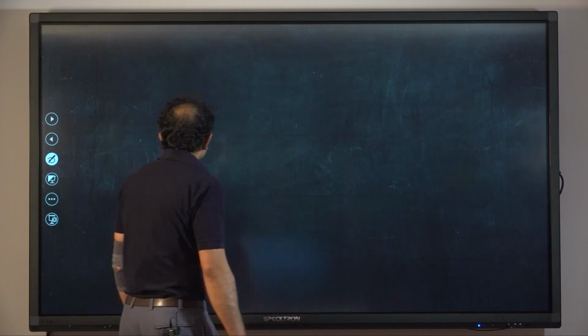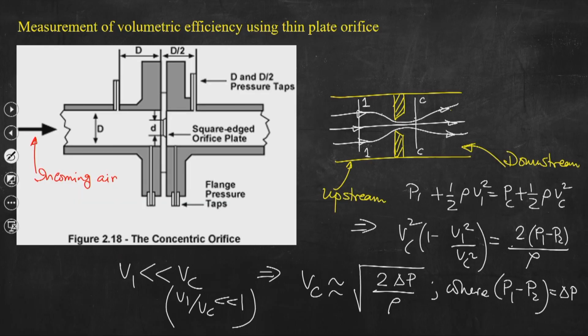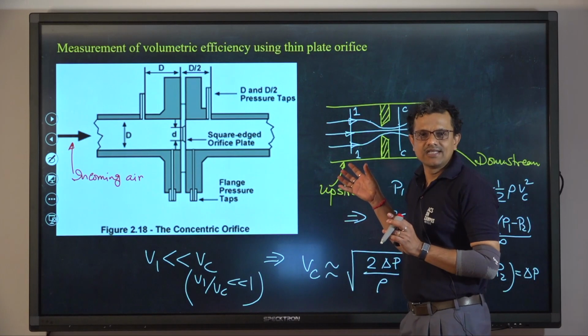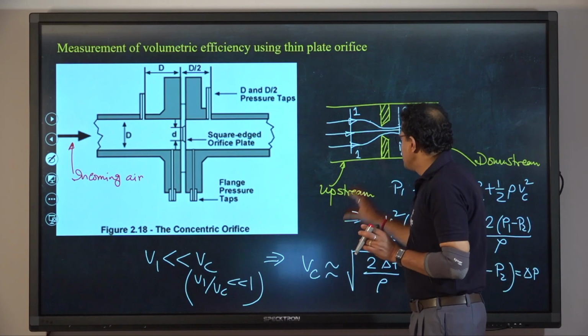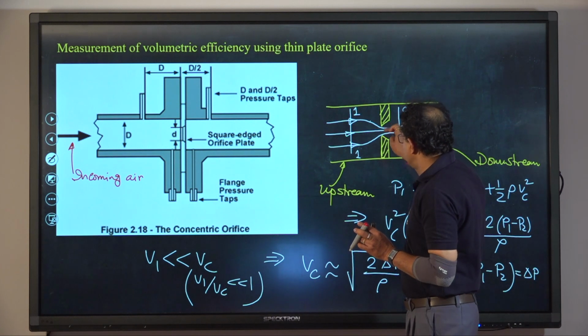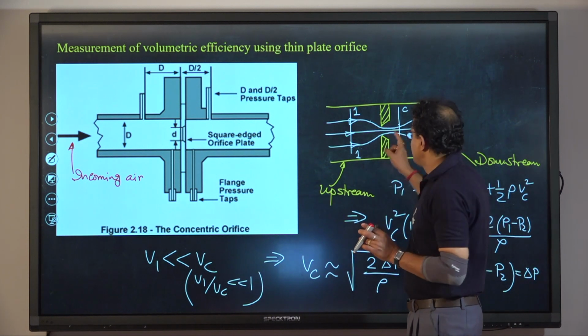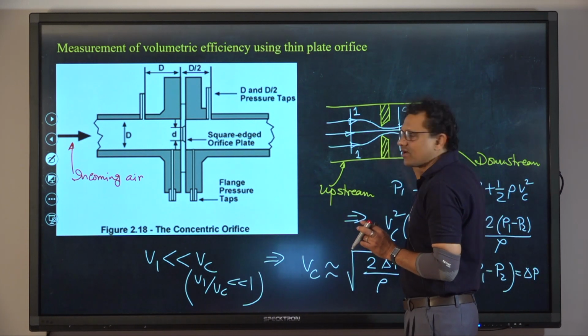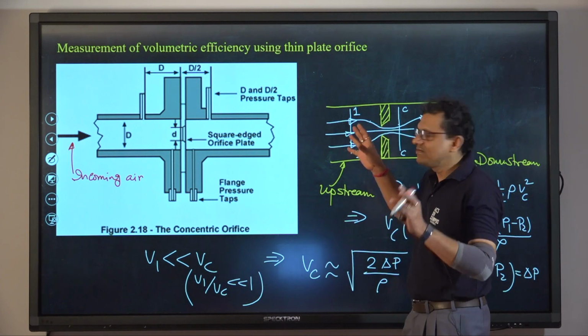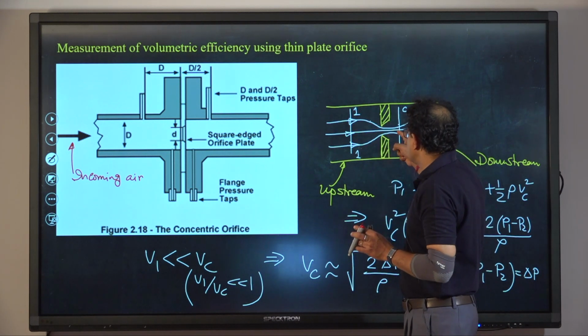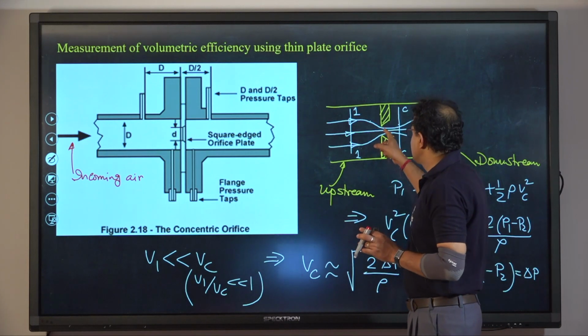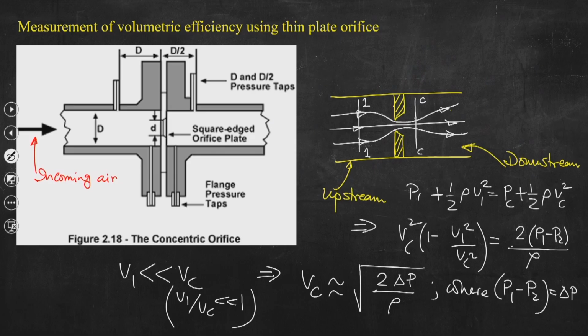Okay. So if we go back to the previous slide, what we have done today is just recapitulate what we have learned in our undergraduate fluid mechanics course, essentially to know the velocity here in the orifice, because the location CC is very close to the orifice. So you can approximate that the velocity Vc is the flow velocity here in the orifice plate itself.